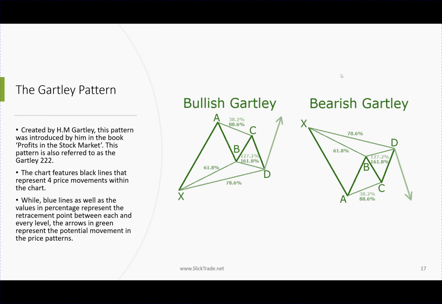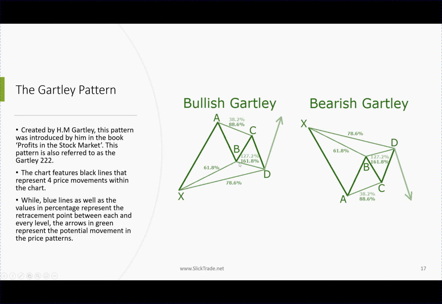Here you're looking for 4 price movements. Like I said, they're not always going to be black lines. They could be any color depending on your indicator and the way your chart is set up.